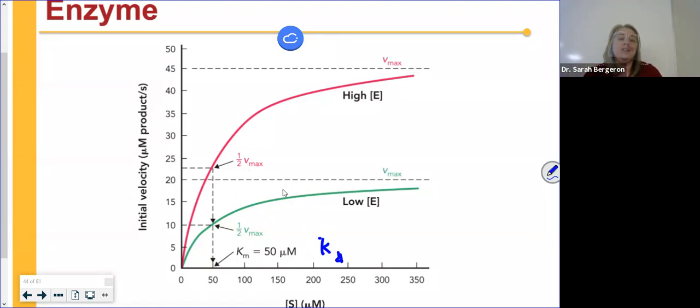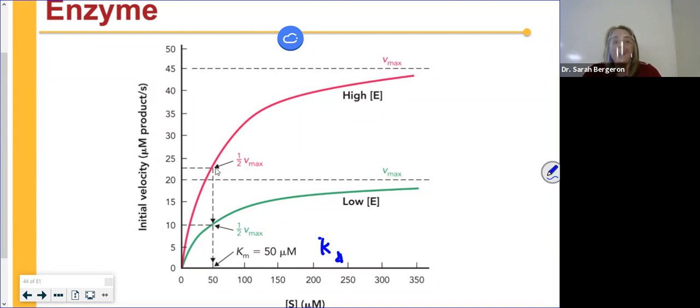Okay. So now what happens if we increase the concentration of our enzyme? What happens to the velocity of the reaction? It increases, it absolutely increases. But if we take half of the Vmax, we will be at that same substrate concentration.